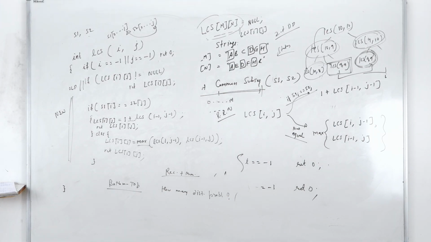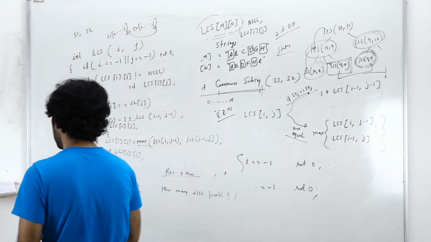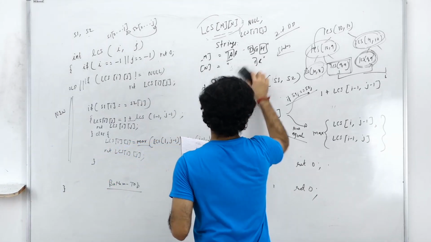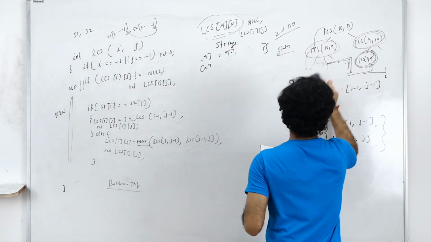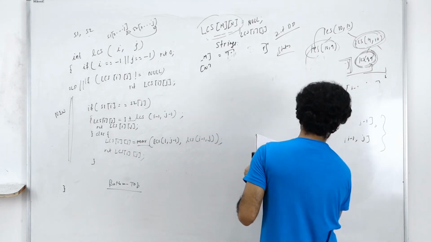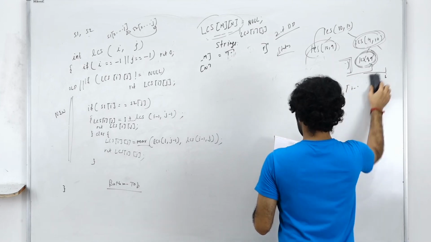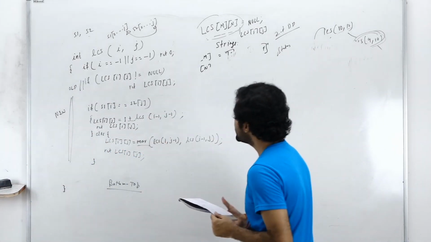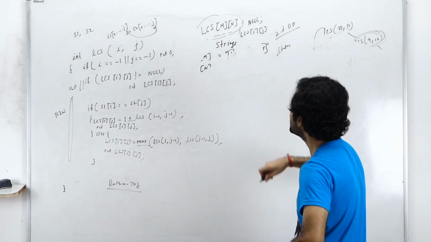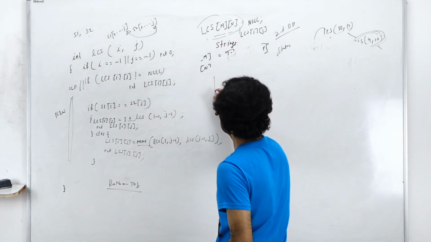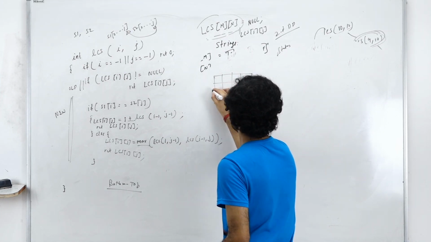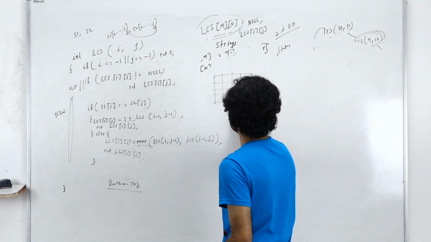Okay, so let us all understand how that would look. Here, can I say one thing, that my 2D array is of this shape, and let's say this is my I comma j.